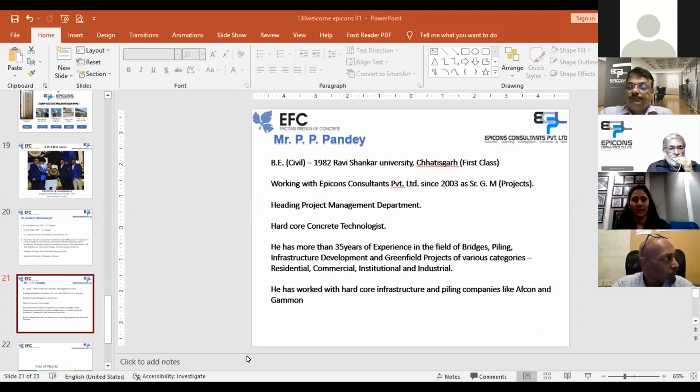Our next speaker is Mr. P.P. Pandey, civil in 1982 from Ravi Shankar University, Chhattisgarh, working with Epicons Consultant Private Limited since 2003 as Senior GM Projects. He is heading Project Management Department. Is a hardcore concrete technologist.